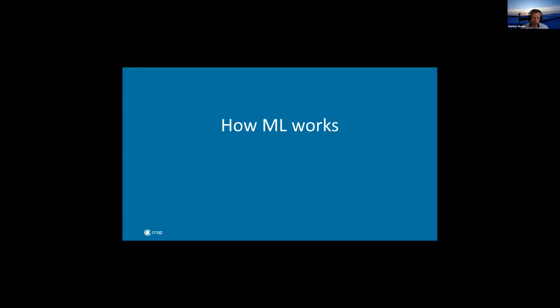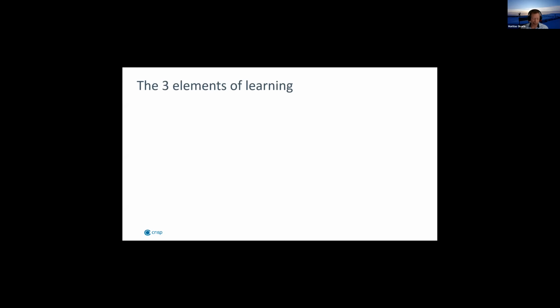So let's go a little bit under the hood, and let's just look at how AI works and what types of frameworks exist. How AI works is that you have an algorithm that makes a prediction. It could be what the speed is, or the acceleration is, but it makes a prediction.